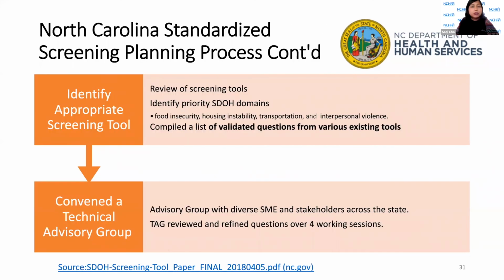Then they reviewed screening tools and identified priority SDOH domains that they wanted to include. And they decided on food insecurity, housing instability, transportation, and interpersonal violence. And then they compiled a list of validated questions from various screening tools to create their own standardized screener. Over the winter, they convened an advisory group of diverse experts to review and refine the questions. And they did that over 4 sessions through the winter.